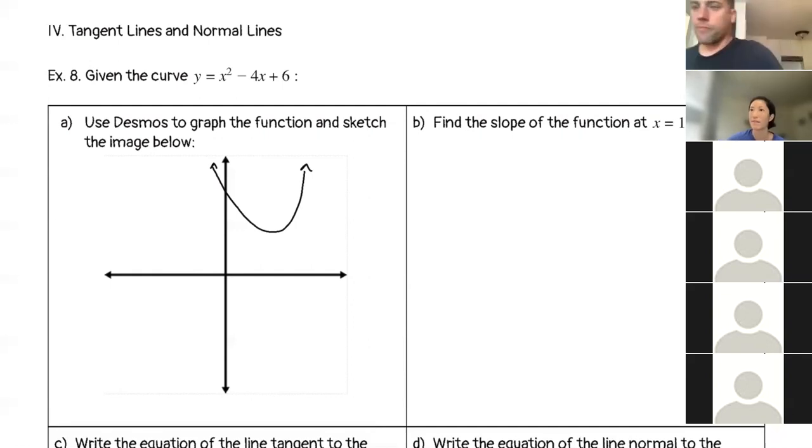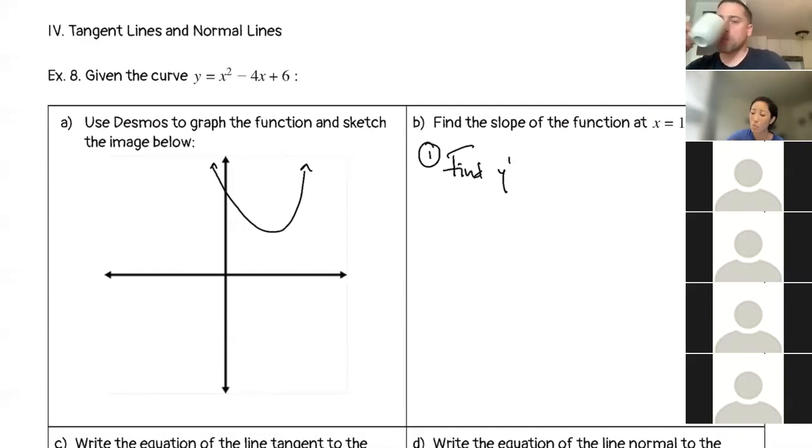Ooh, all right. Find the derivative. Ooh, okay, okay. So let's be really careful about our language here, okay? I do like this first step of find y prime. I think that's really important, okay?